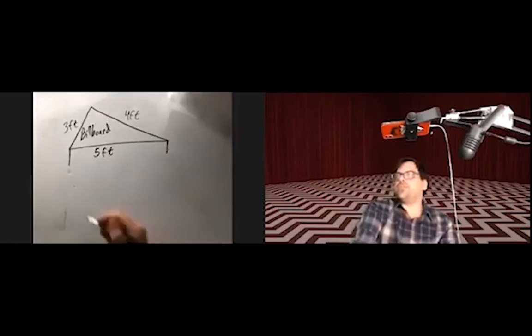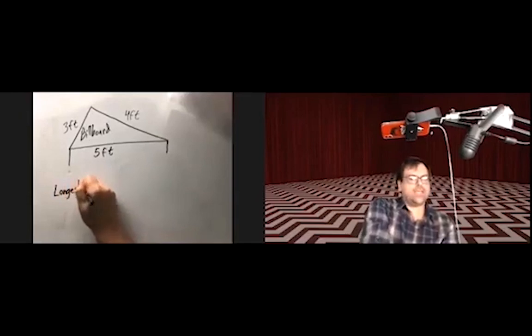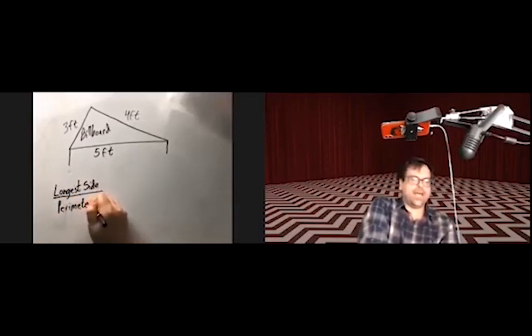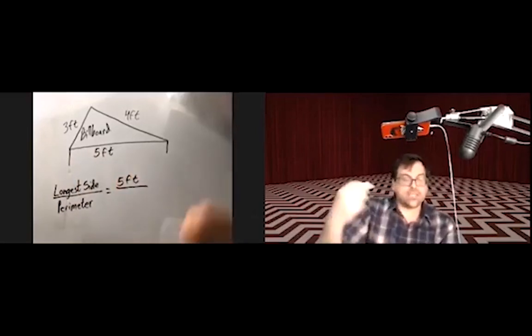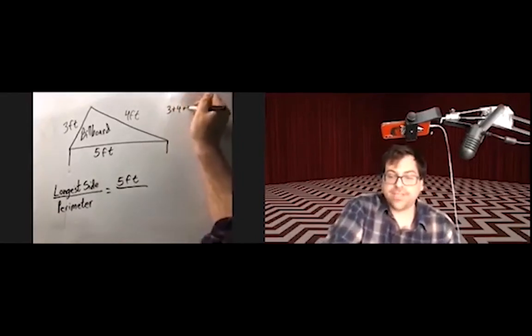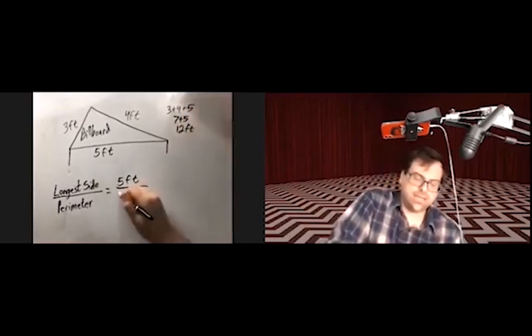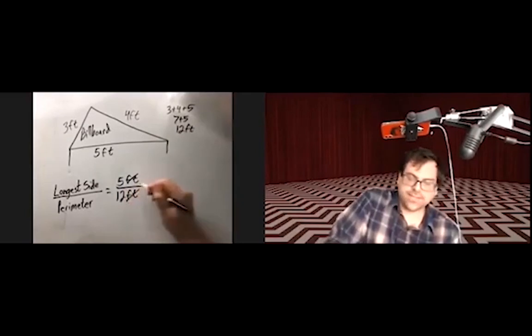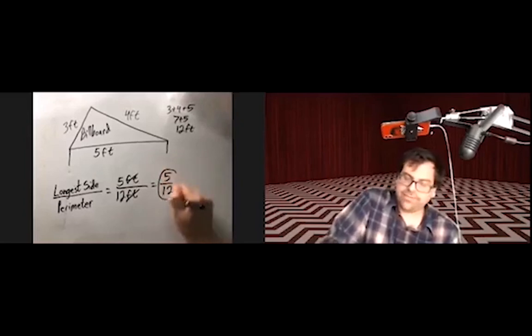And we wanted to find the ratio of the longest side to the perimeter. What's the longest side? That's the 5 feet. What's the perimeter? Add the sides. 3 plus 4 plus 5, 7 plus 5, 12 feet. Feet cancel away. The ratio of the longest side to the perimeter is 5 to 12.